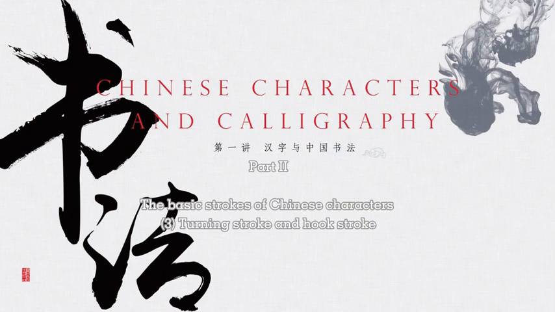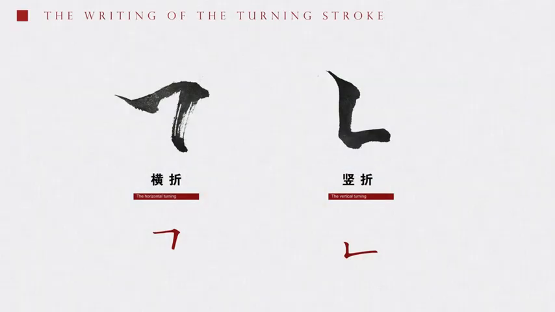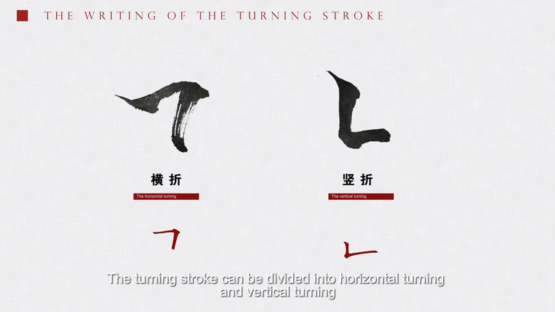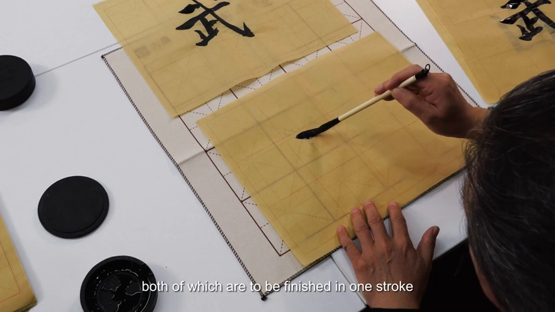Next, turning stroke and hook stroke. Now I will introduce two other strokes, namely the turning stroke and the hook stroke. The turning stroke can be divided into horizontal turning and vertical turning, both of which are to be finished in one stroke.